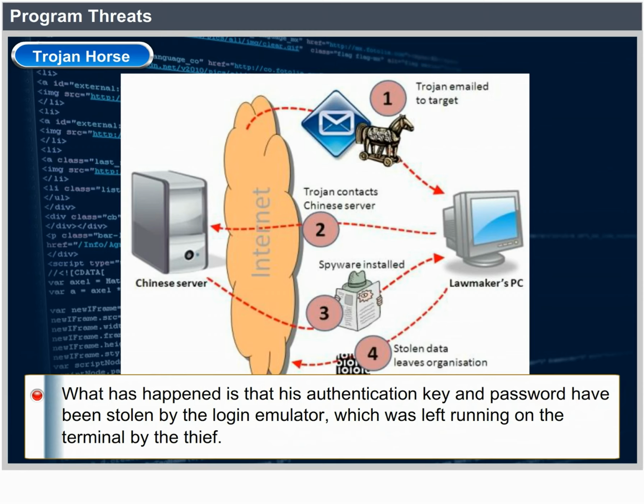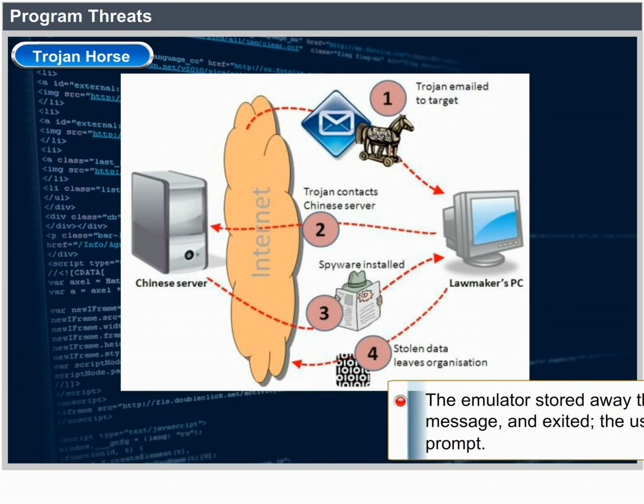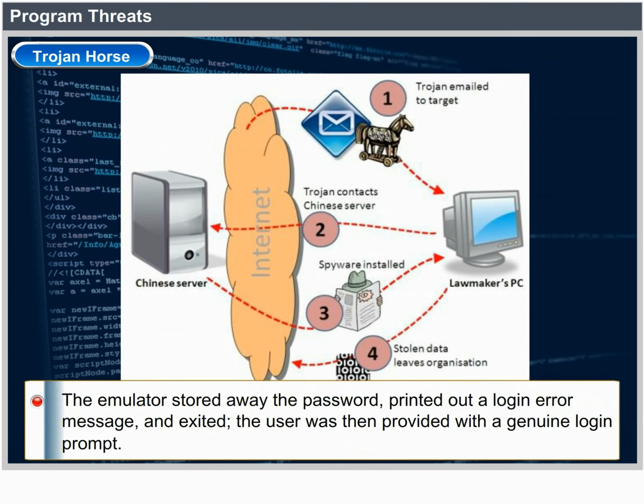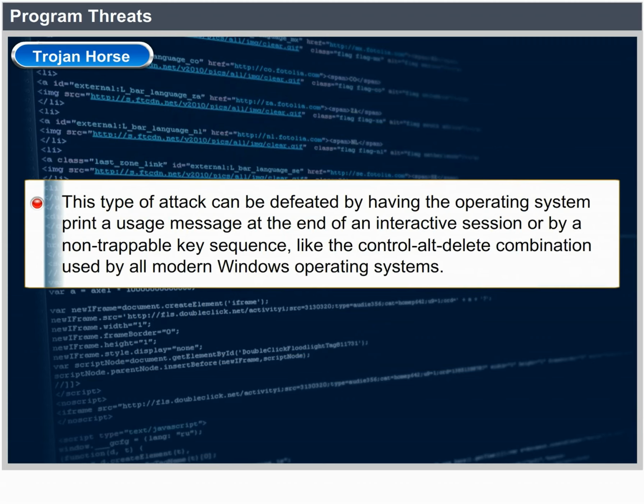The emulator stored away the password, printed out a login error message, and exited. The user was then provided with a genuine login prompt. This type of attack can be defeated by having the operating system print a usage message at the end of an interactive session, or by a non-trappable key sequence such as the Ctrl-Alt-Delete combination used by all modern Windows operating systems.